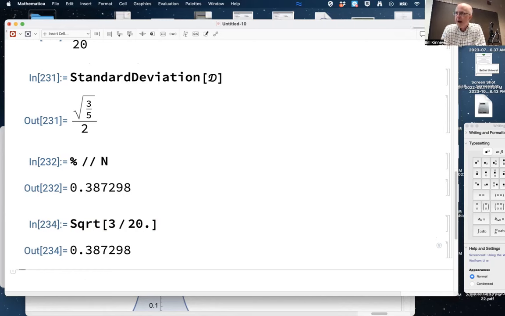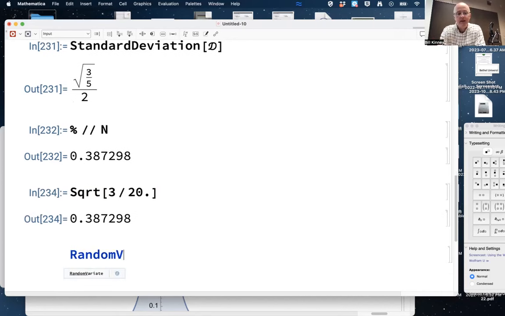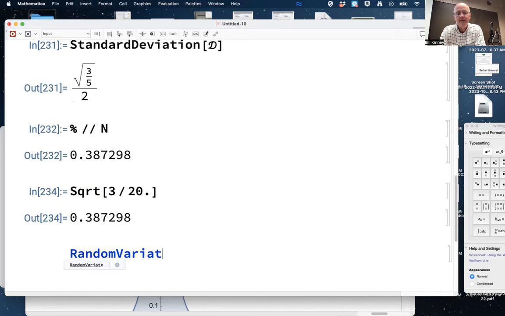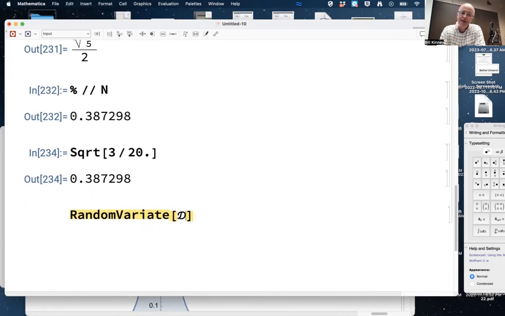Okay, how do we do some simulation? RandomVariate. But now, unlike what we did before, when we put normal distribution or gamma distribution in here, I think we just put d. If I enter this as is, it's going to give me one observed value from the distribution, some number between 0 and 2, more likely close to 2 than to 0.